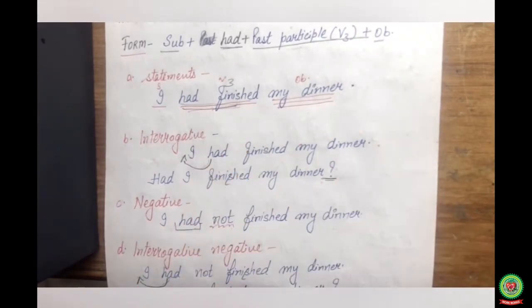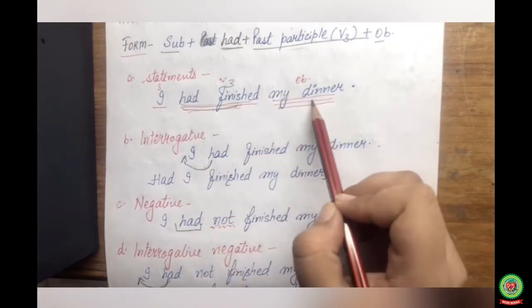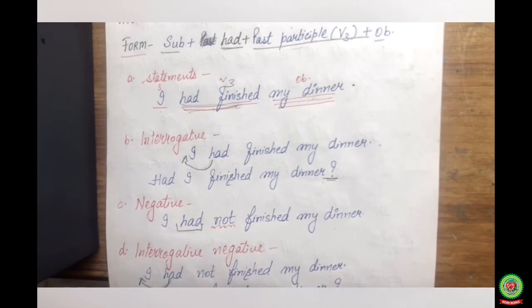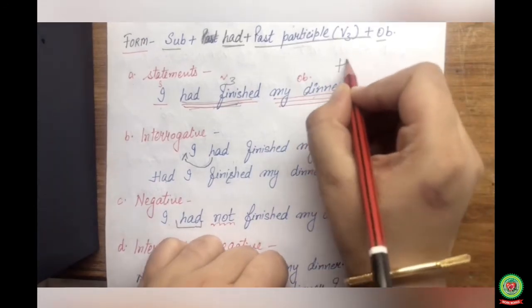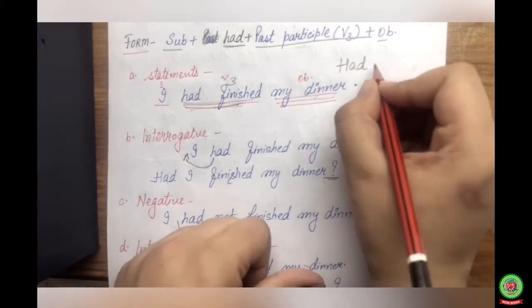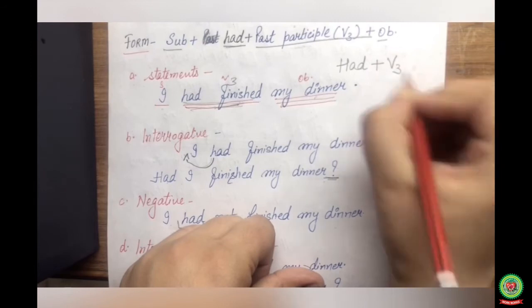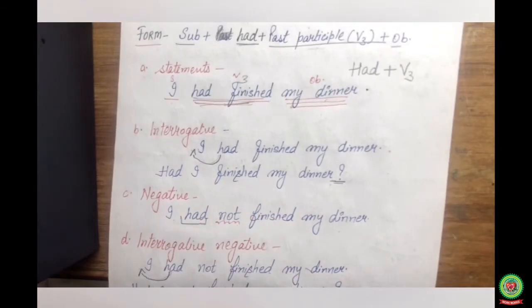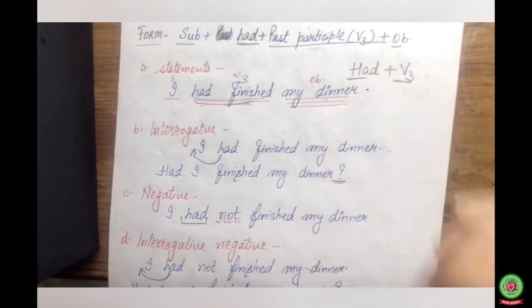From here we come to know that this is your past perfect tense, this is your subject, this is your object, and this is your action word with your helping verb had. See children, always keep this in mind that whenever you are going to use had, it is always accompanied with your past participle form, that is your V3. It never comes alone. It always comes with V3, your past participle form.